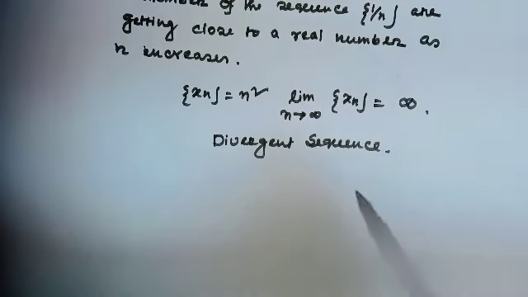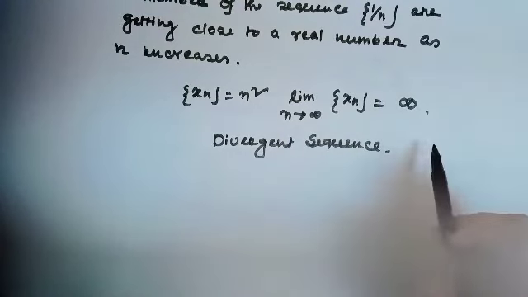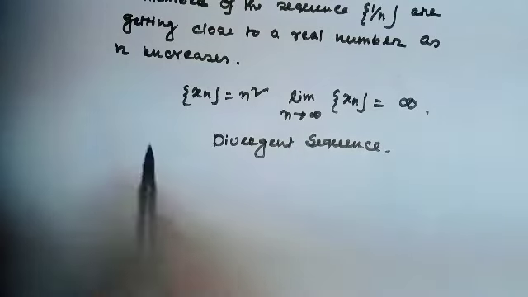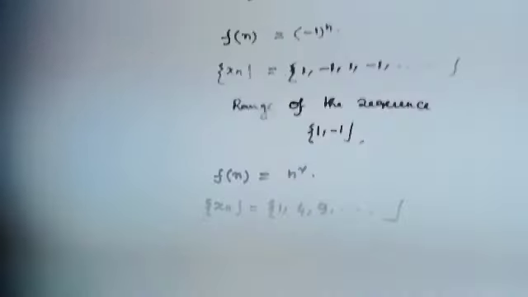Okay, but divergent sequences are of two types. One type is if the value is plus infinity or minus infinity, then this is also divergent. Otherwise, look at the sequence.